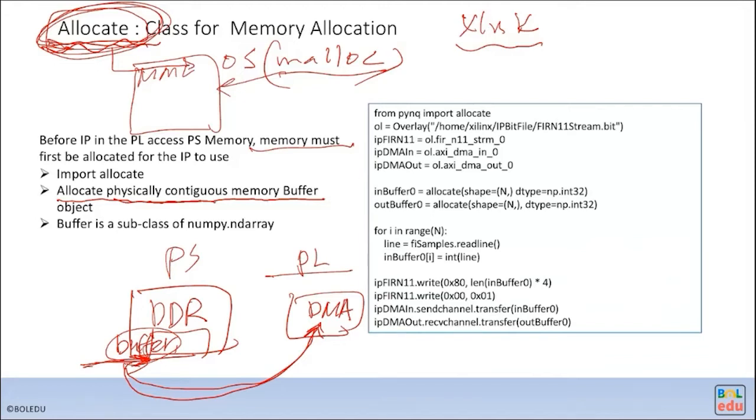Only by doing that can it guarantee that when you request a memory buffer, it will be contiguous memory. That's why you cannot directly use the OS allocate, because the memory would not be contiguous.